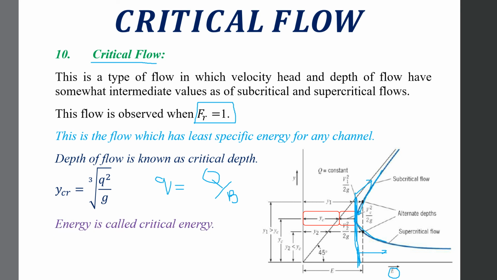And the energy is called the critical energy. At this point, the minimum energy, or least specific energy, is known as critical energy, ECR. The formula for ECR is 1.5 times YCR. When you get YCR from this formula, you multiply this YCR by 1.5, and you will get the value of ECR.